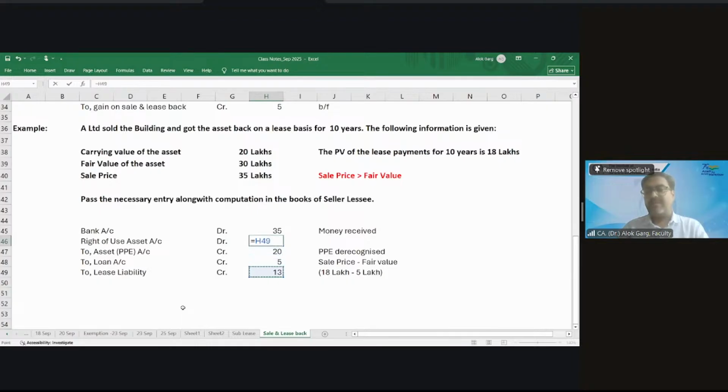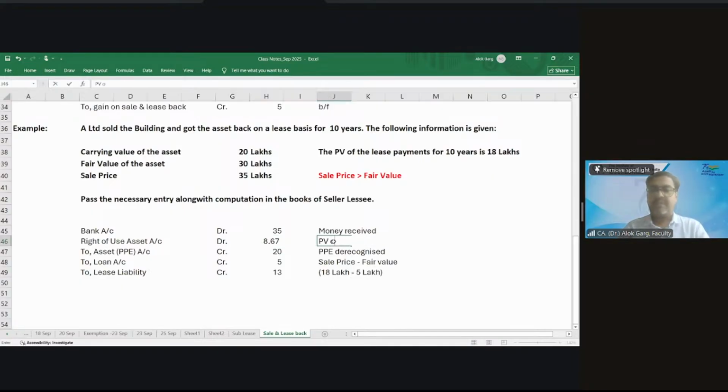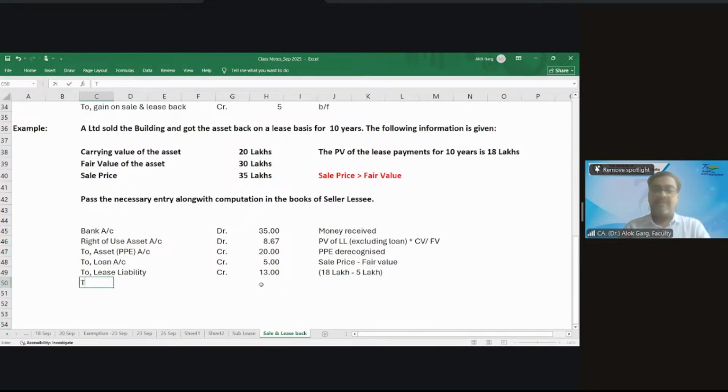Present value of lease liability 13 lakh, excluding loan, multiplied by carrying value in the books of accounts, divided by fair value of the asset, the market value of the asset. Then where will the balancing figure go?